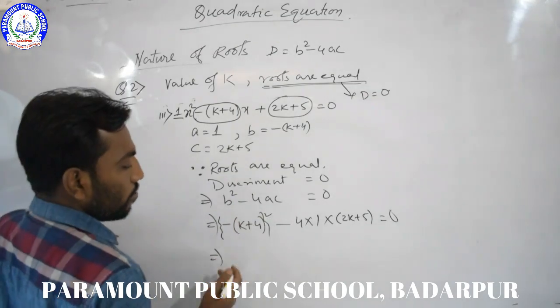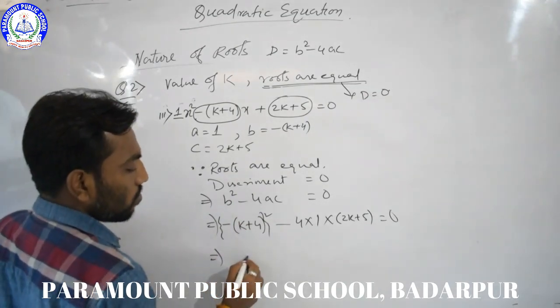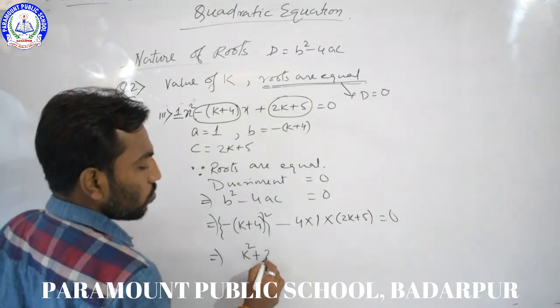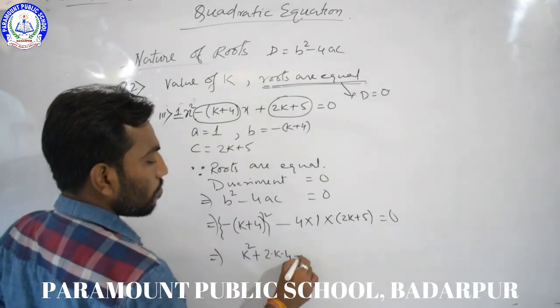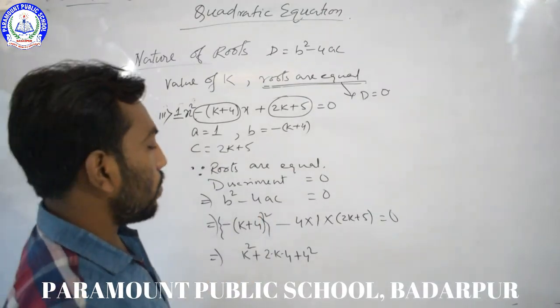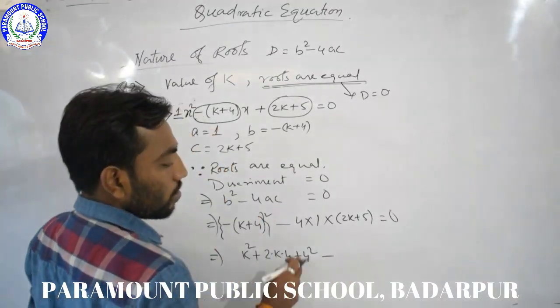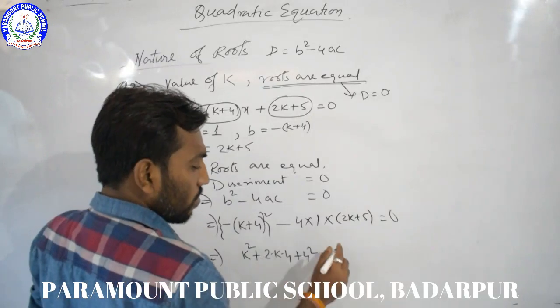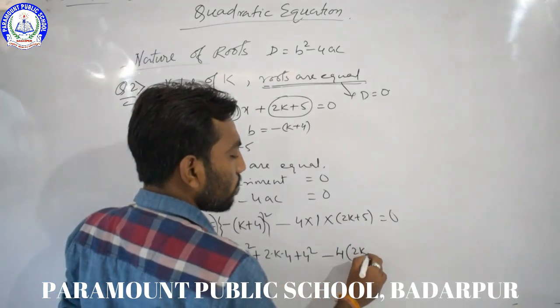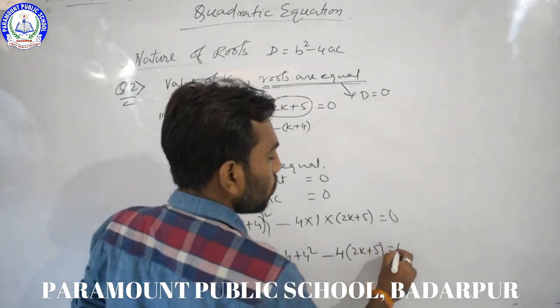Minus square becomes plus, and (k plus 4) whole square is nothing but k square plus 2 into k into 4 plus 4 square, the (a plus b) whole square formula, students. Minus, multiply this 4 into (2k plus 5) is equal to 0.